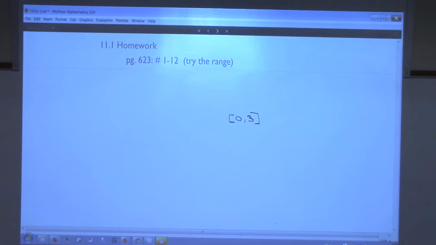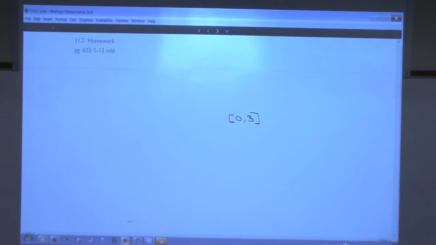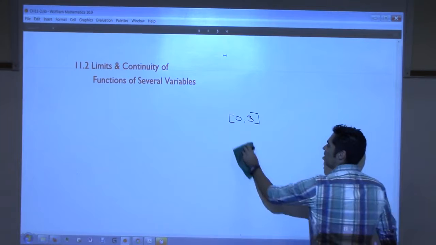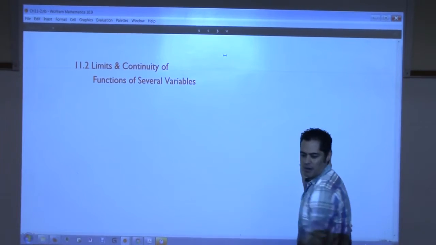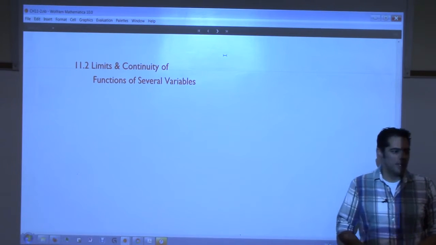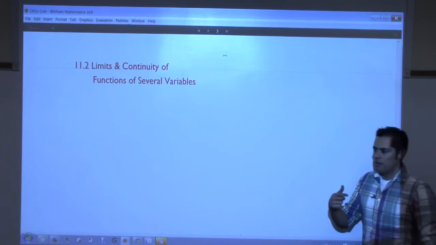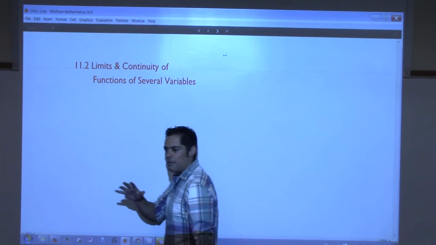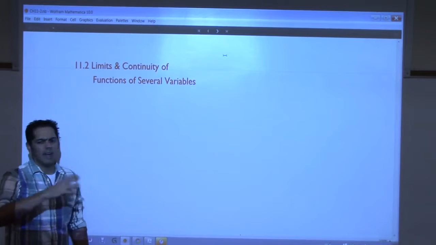Moving on to 11.2. Well, if we're going to start talking about functions, then we're going to go back to Cal 1 again, and we're going to talk about limits, right? Do you get that there's kind of a theme here? We started talking about vectors, but then we said, look, there are these things called vector functions.